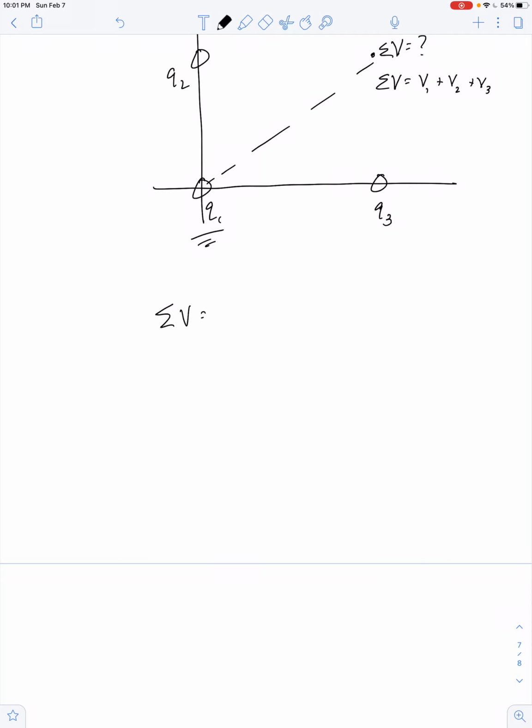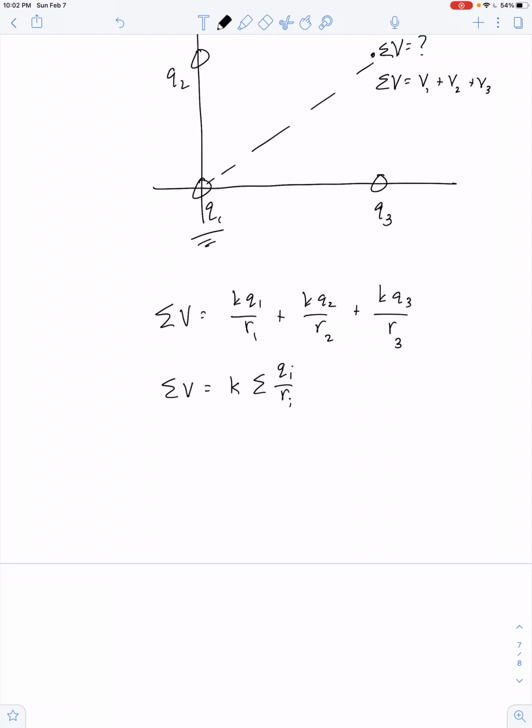Okay, so what would that be equal to? Well, that would be K times Q1 over R1 plus K times Q2 over R2 plus K times Q3 over R3. I guess I could factor out the K value and say the net potential is K, and then I'm just left with the summation of, how about Qi over Ri?